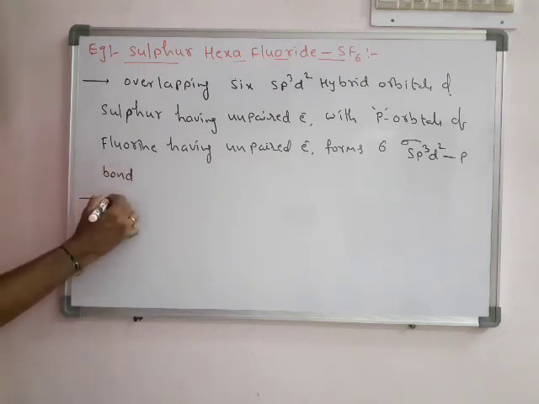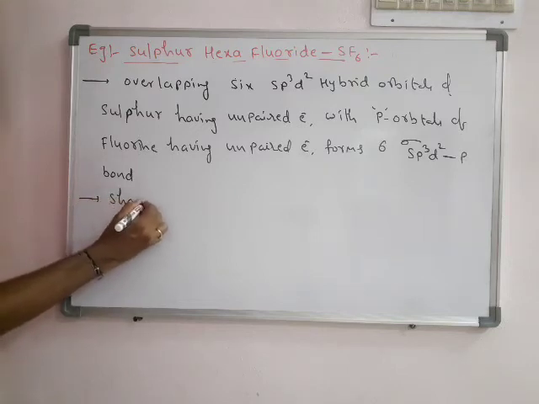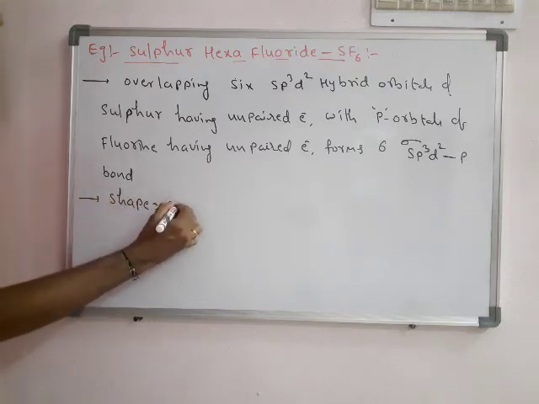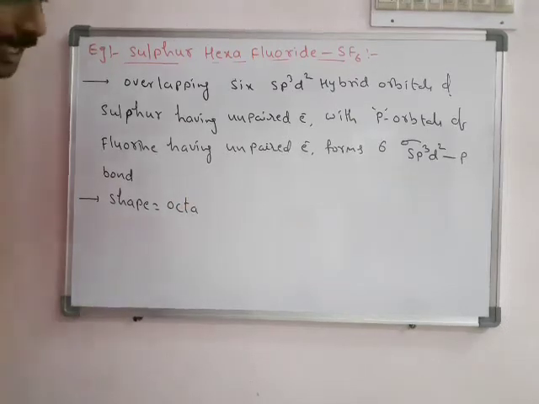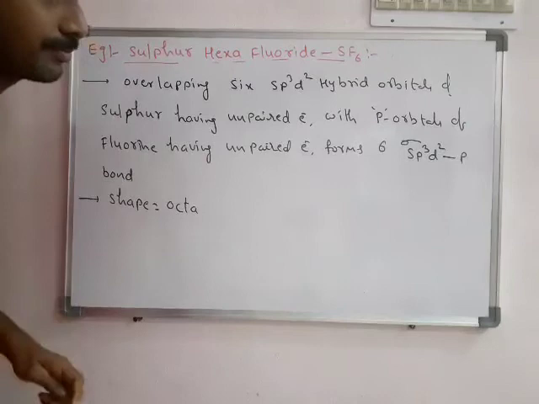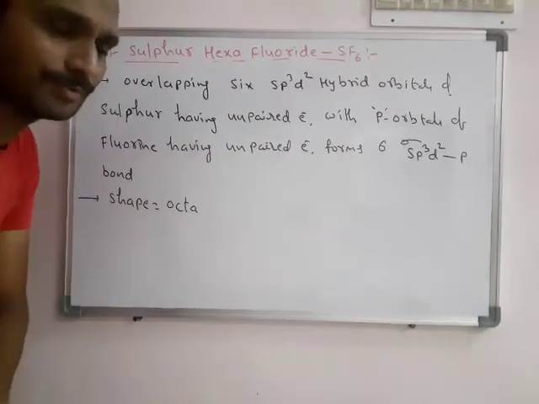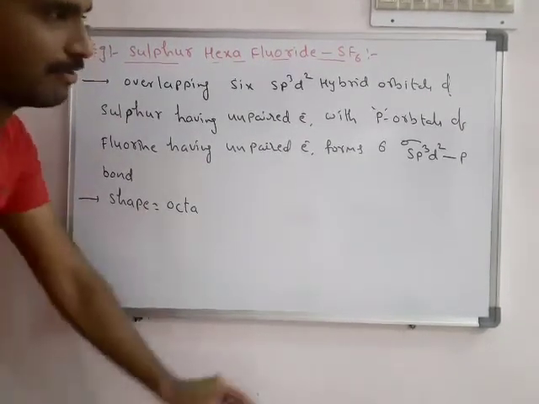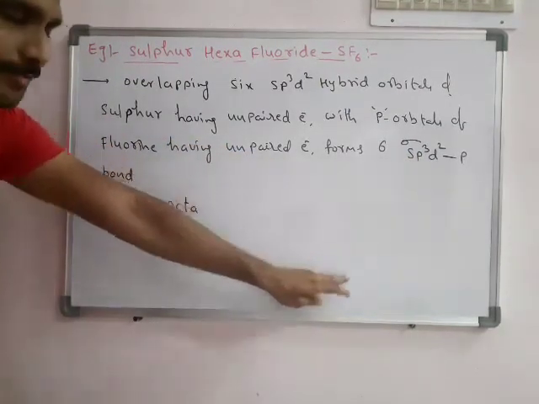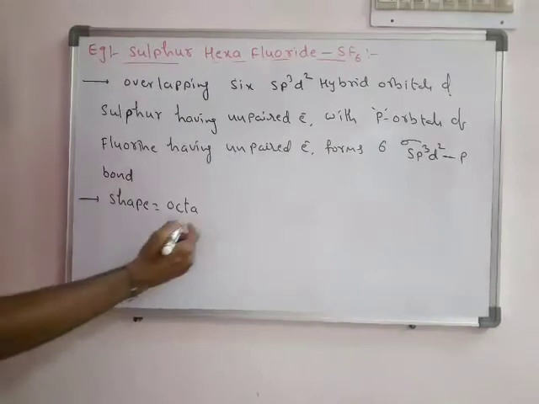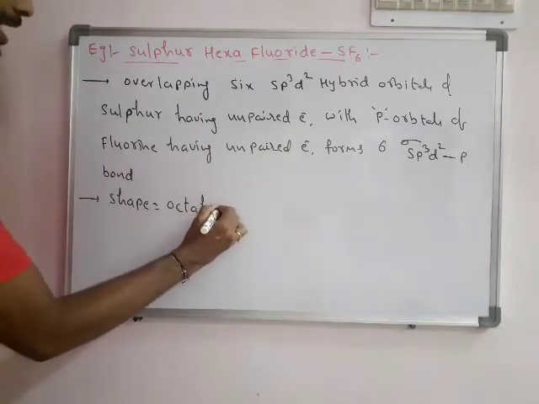So then what is the final shape? We know that if a molecule has the central atom which undergoes sp3d2 hybridization with 6 sigma bonds, it must have octahedral shape.